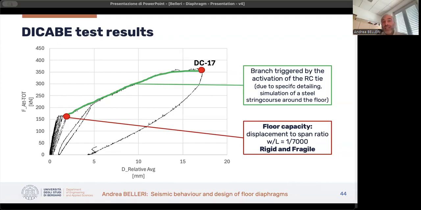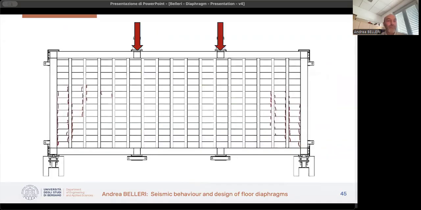But the capacity of the existing buildings should be considered the first one, at about 170 kilonewton in this case, that is compatible with the shear stress capacity that I indicated before.